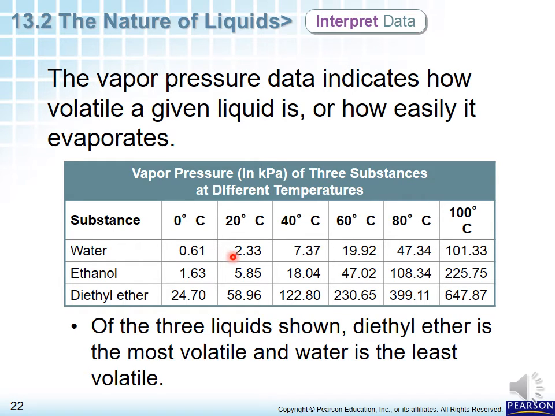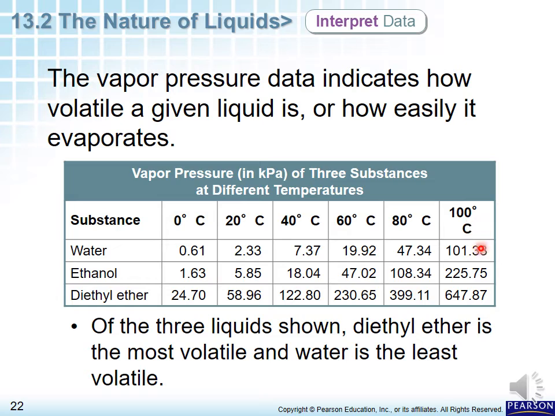It starts very low, 0.6, then vapor pressure keeps increasing as you increase the temperature, until at 100 degrees Celsius it becomes equal to the atmospheric pressure, which is 101.3 at sea level. Remember, that is 1 atmosphere, or 101.3 kilopascals.